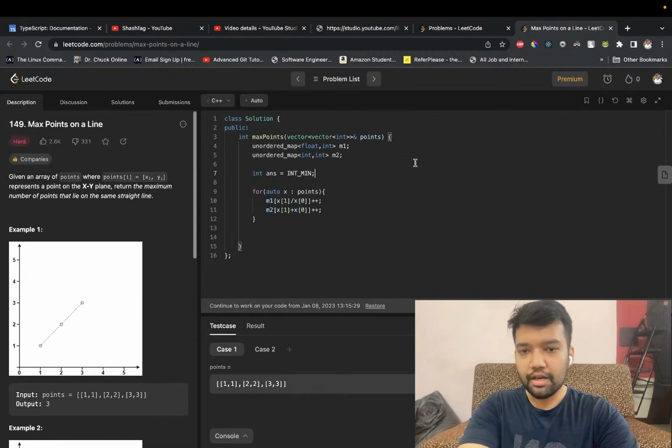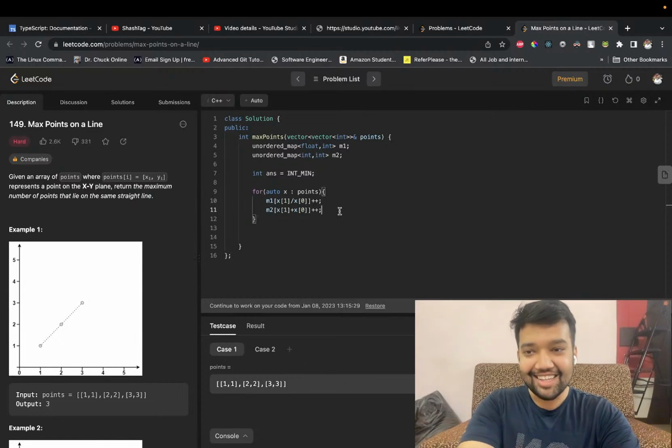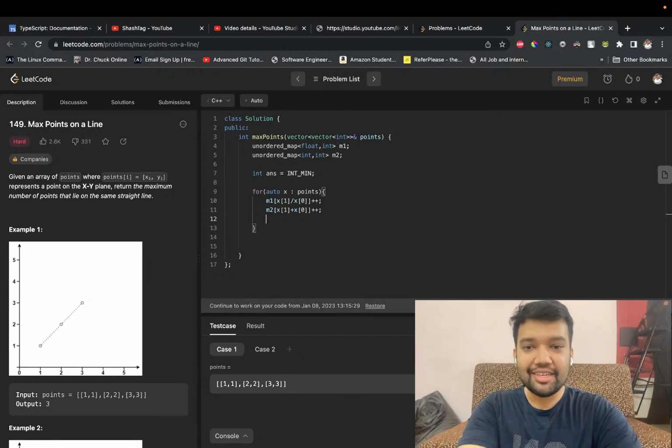For int answer equals INT_MIN. I hope it is as easy as I'm doing it, because it's quite simple for me right now. We can calculate the max here only.